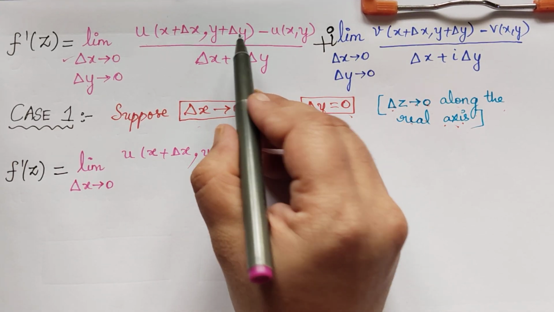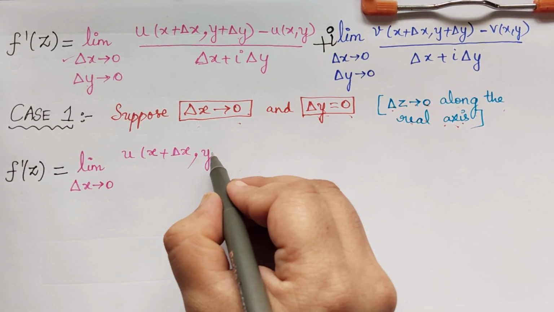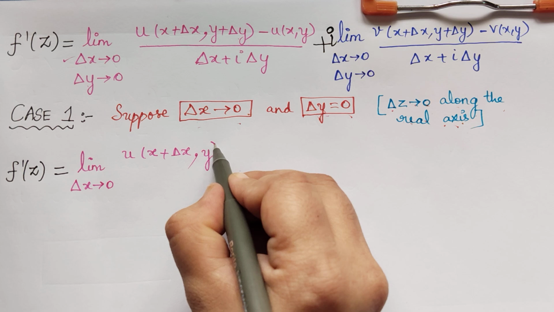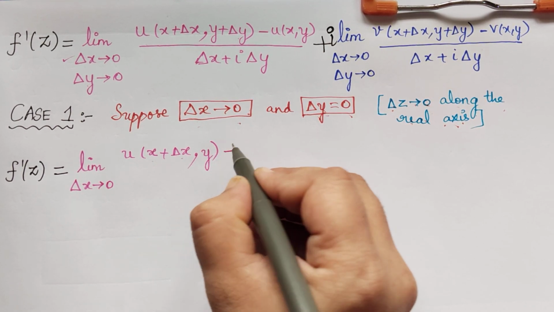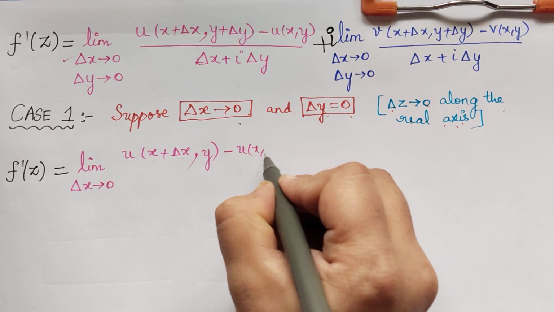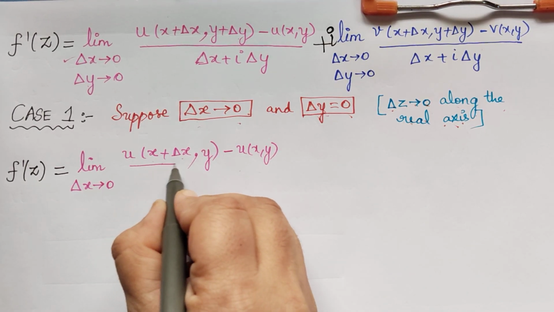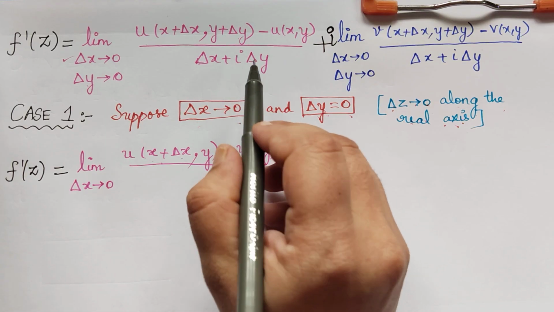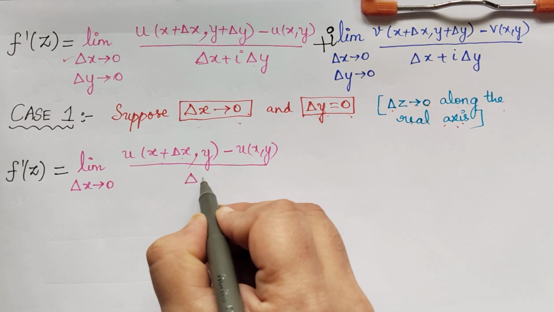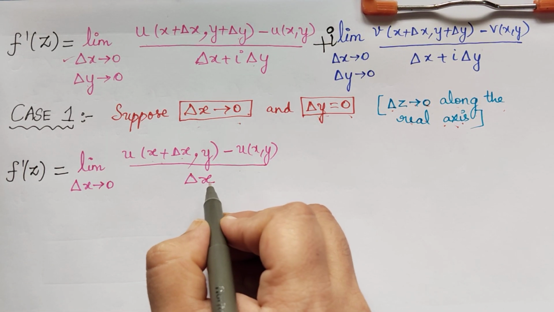Now this delta y is 0, so we need not write it; y plus 0 is y only. So u of x plus delta x comma y minus u of x comma y, the whole divided by, now delta y is 0, so this imaginary part will become 0 and therefore we will have only delta x.